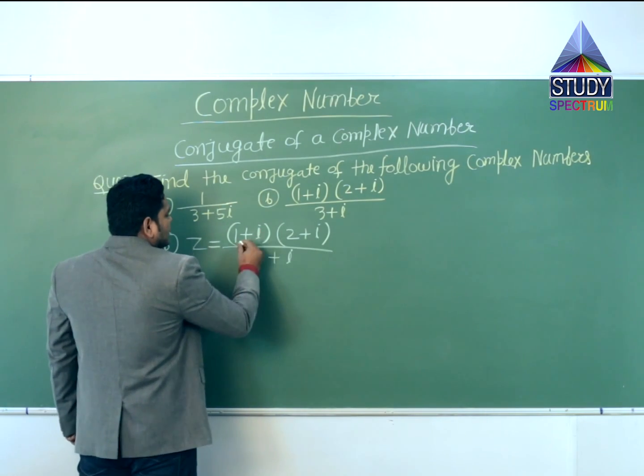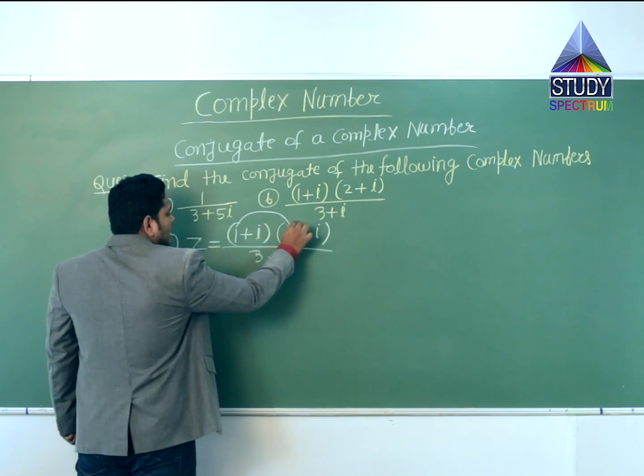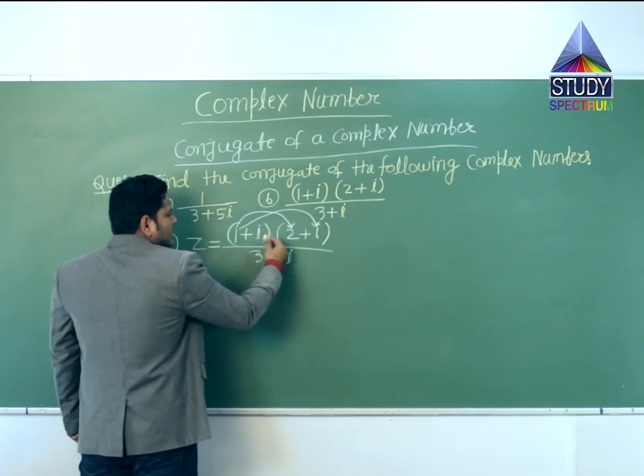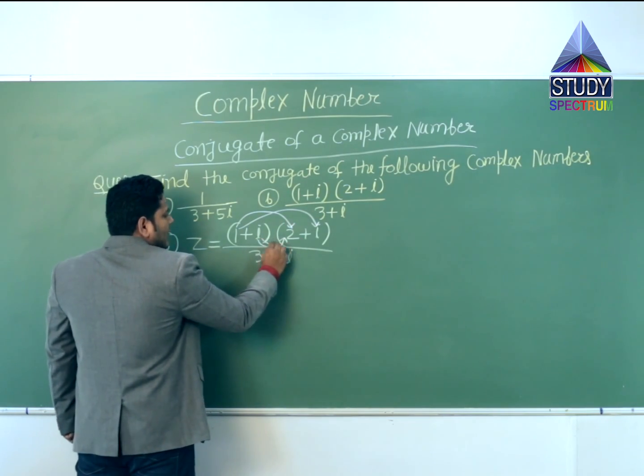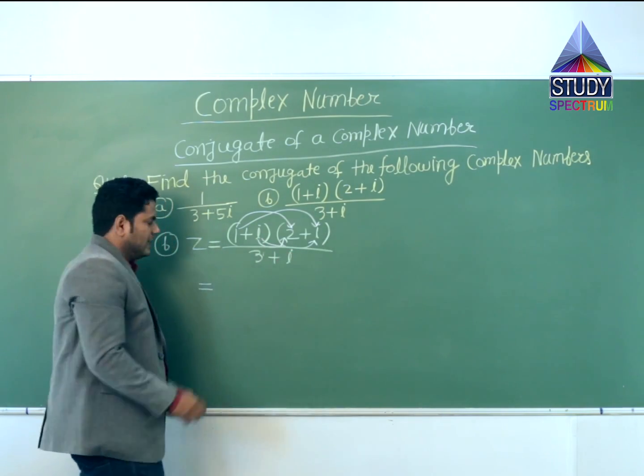1 plus i into 2 plus i, so we'll multiply 1 into 2 and 1 into i, in the same way, i into 2 and i into i.